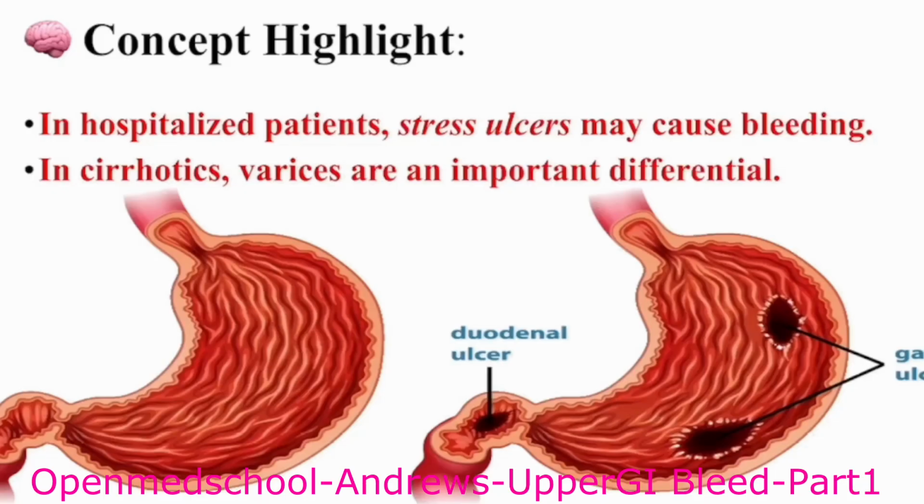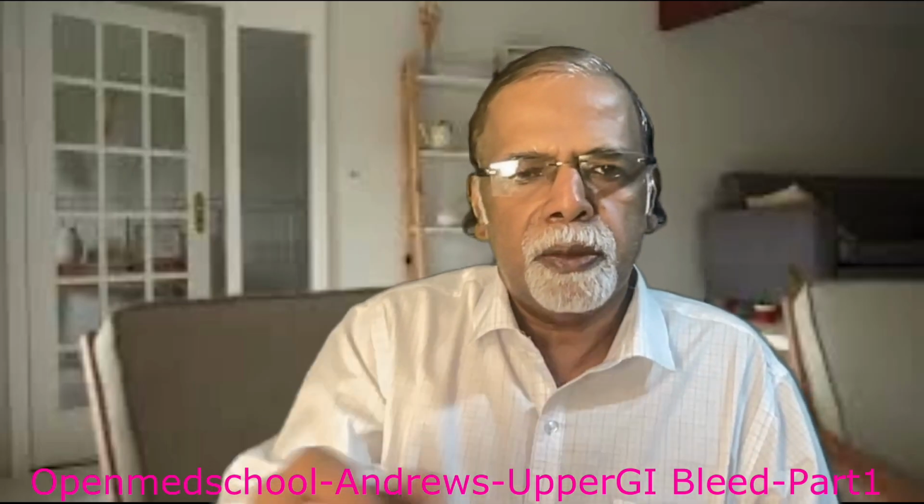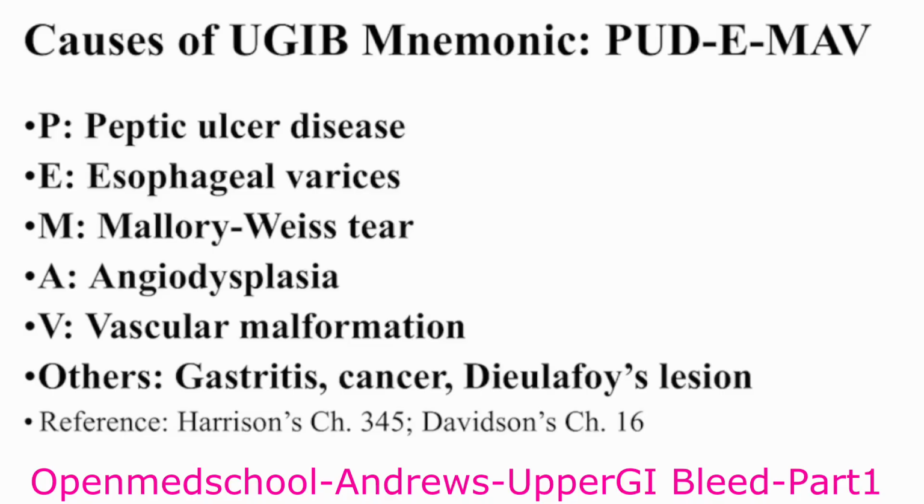And again, remember, in hospitalized patients, stress ulcers may be a cause of bleeding. And in cirrhosis, remember, varices is an important differential diagnosis. So we'll repeat once more the common causes: peptic ulcer disease, esophageal varices, Mallory-Weiss, angiodysplasia, vascular malformations. Others are gastritis, cancer, Dieulafoy lesion.